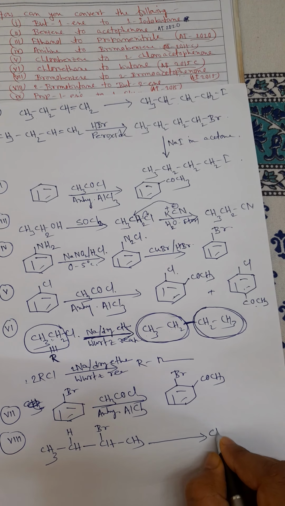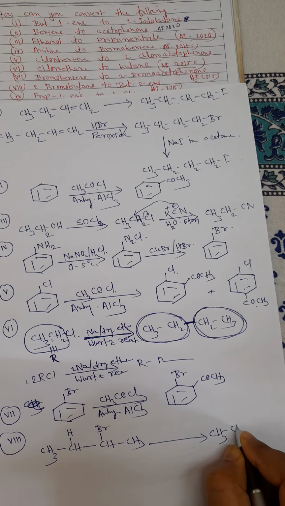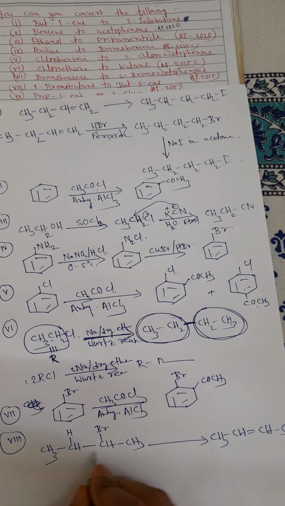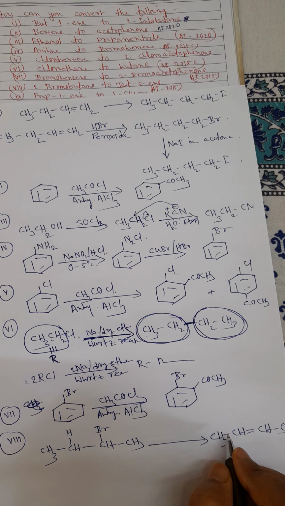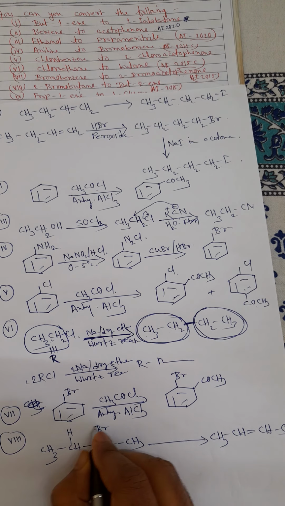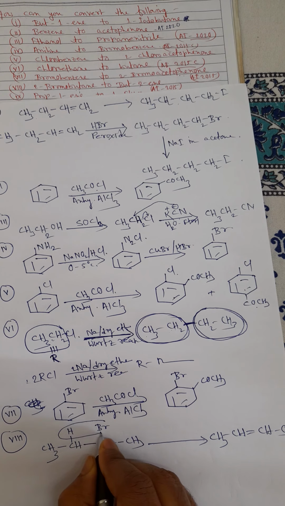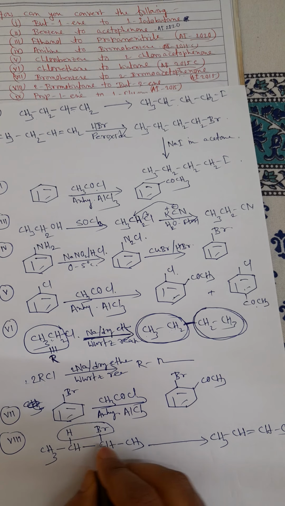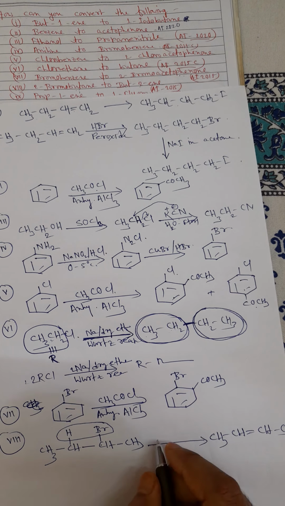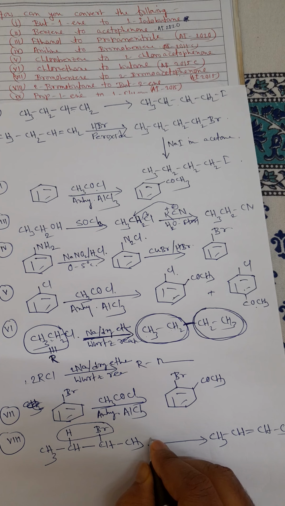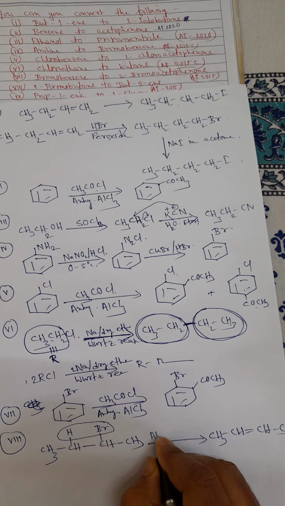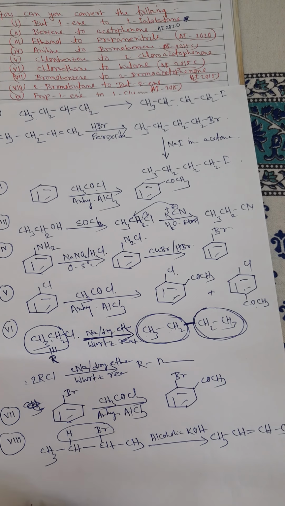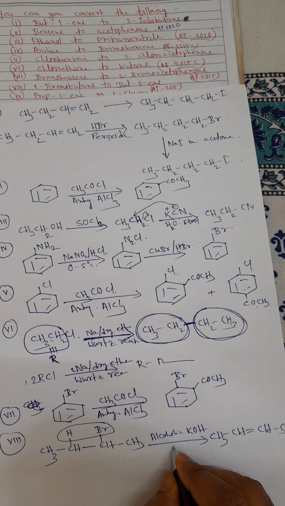How can we convert it? Just by this dehydrohalogenation reaction. I told you that dehydrohalogenation can be done by using a strong base. For that reason we have to use alcoholic KOH, or you can use sodamide also.